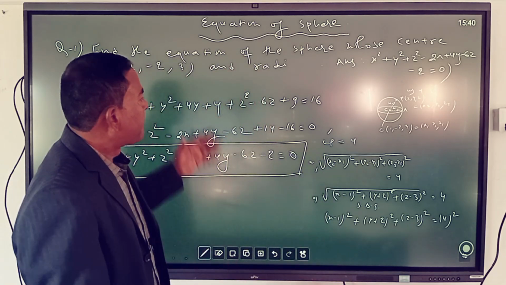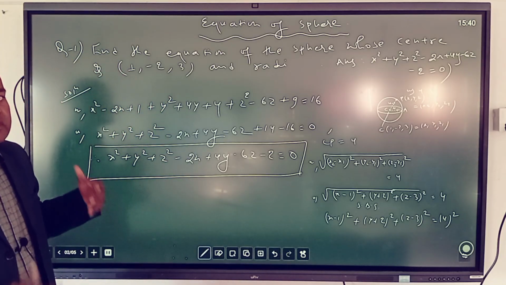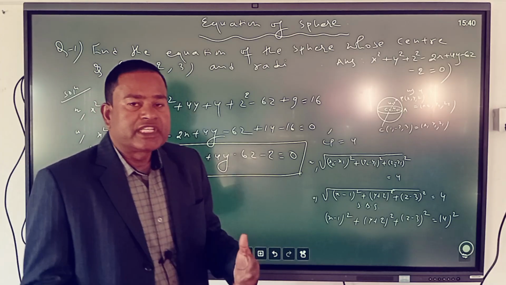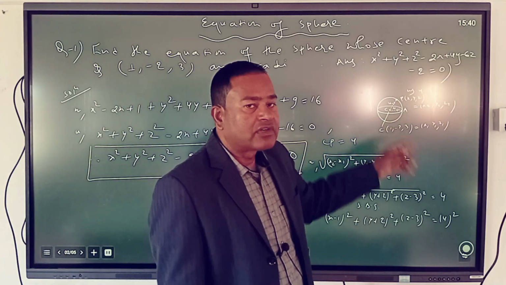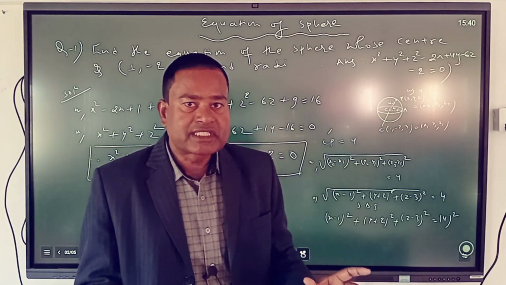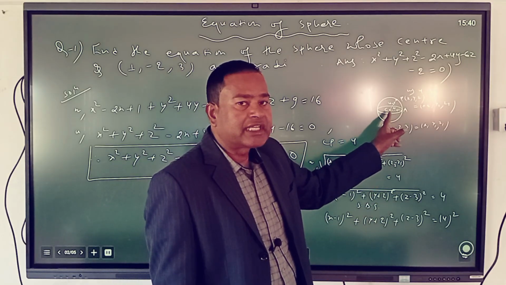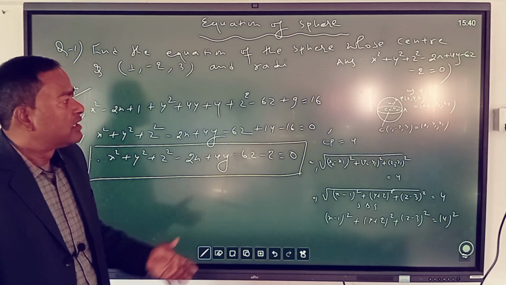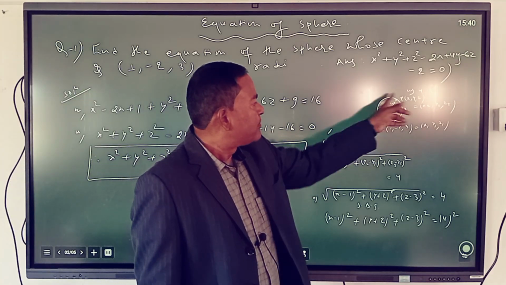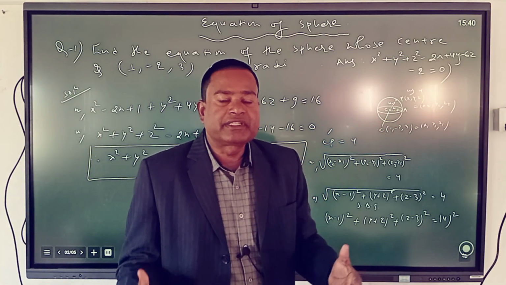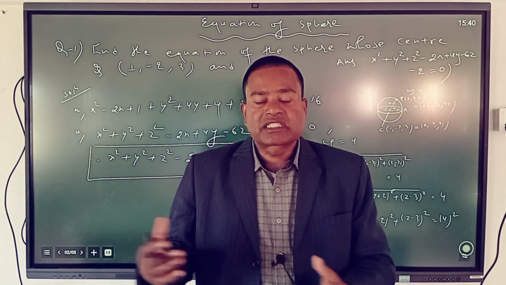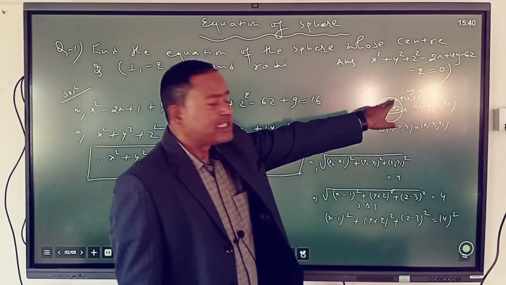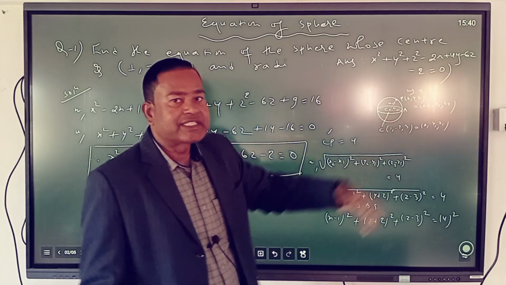So dear student, let's review once the solution of this question. In this question, we are given the center of a sphere and the radius. So by using the center and the radius of a sphere, we have found the equation of a sphere. At first, we have taken any point on the sphere as P(x, y, z), and the distance between center and any point on the sphere is the radius.